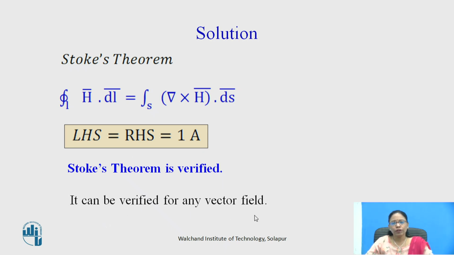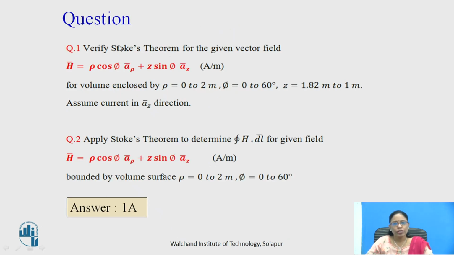It can be verified for any vector field. The question asked was to verify Stokes' theorem, and we have successfully verified it. In case the question asks to determine the closed integral of h bar dot dl bar by using Stokes' theorem, this video will be the answer for it.